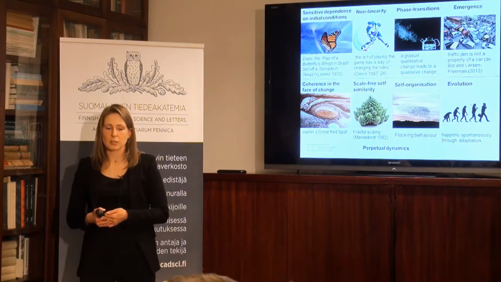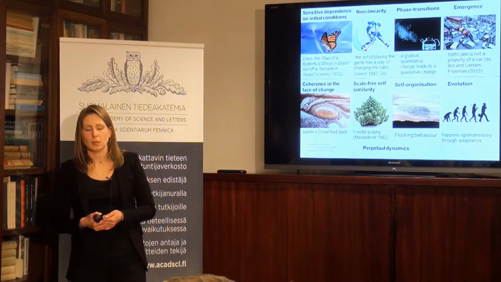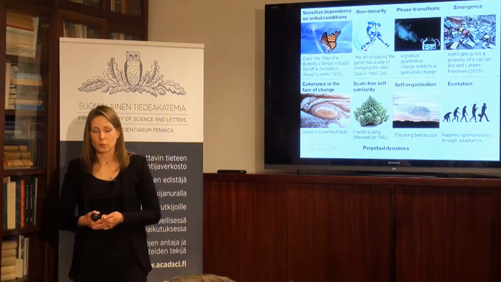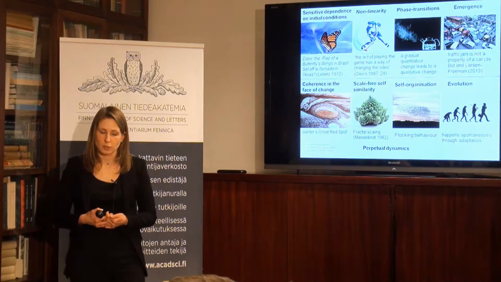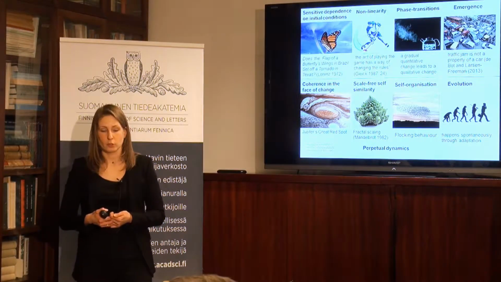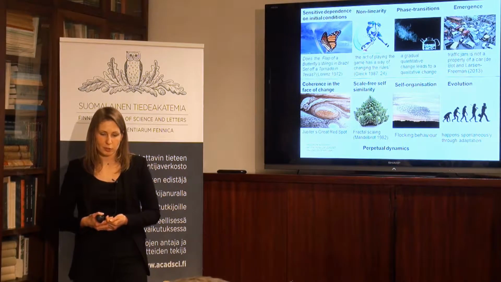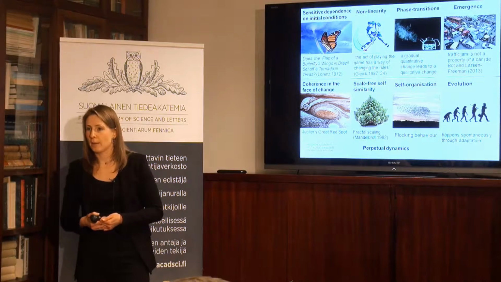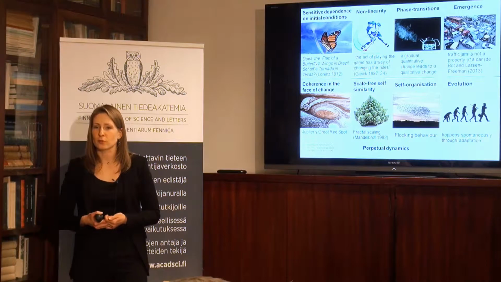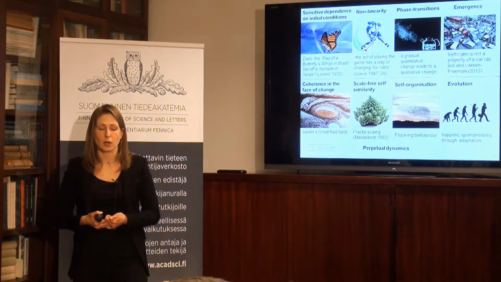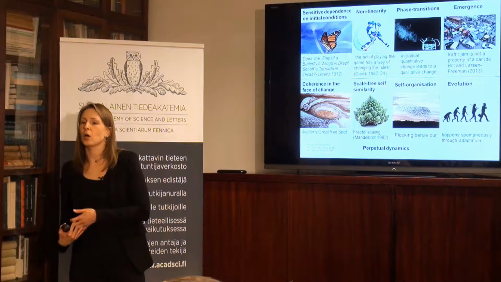Phase transitions: quantitative change can in the end bring a qualitative change. For instance, constant heating of water changes water into vapor. Emergence: as the picture shows, there is a traffic jam, and the agents of the traffic jam are cars, but the traffic jam is not the property of the car.